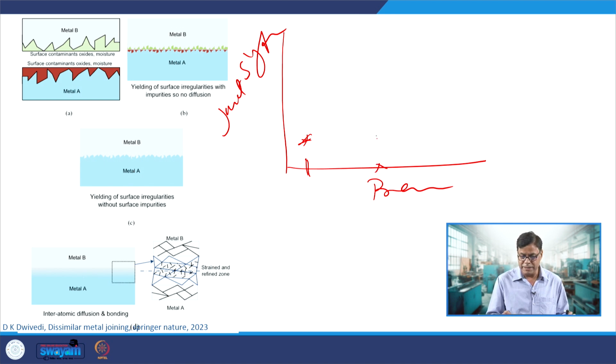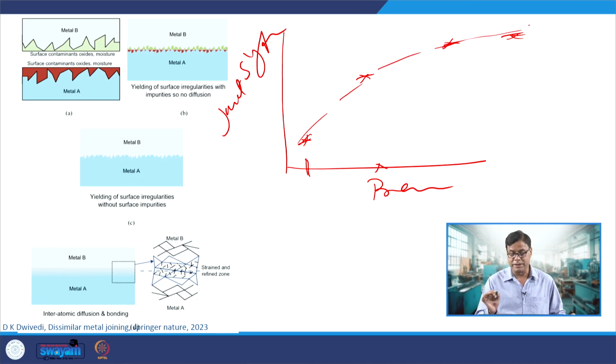But if we increase the pressure, our joint strength will increase due to the increased metallic bonding and increased diffusion across the interface, so improved joint characteristics. There will be a limit, later on it will start flattening once 100% metal to metal contact has been established.